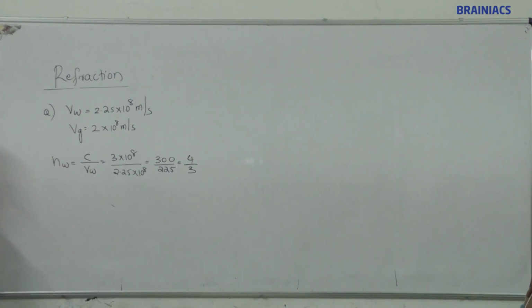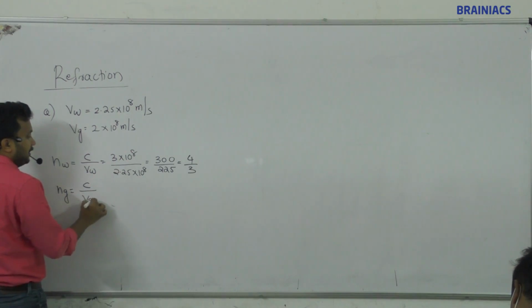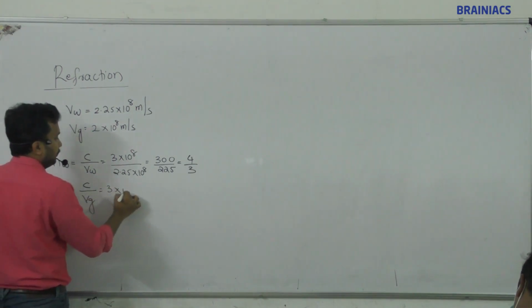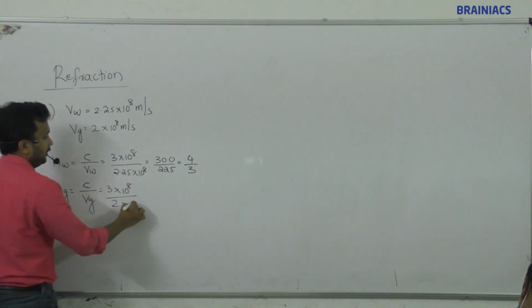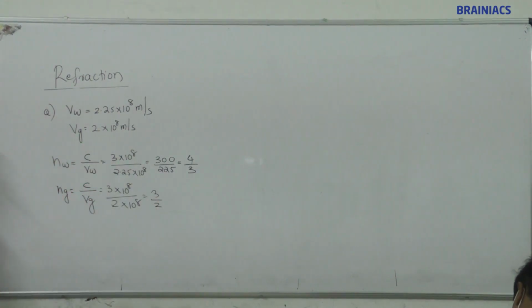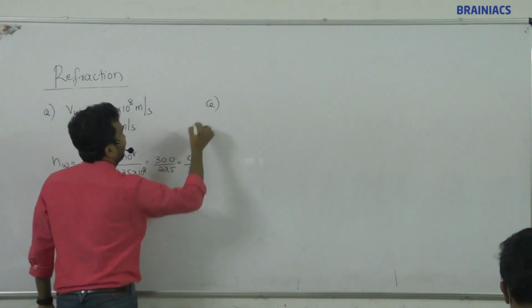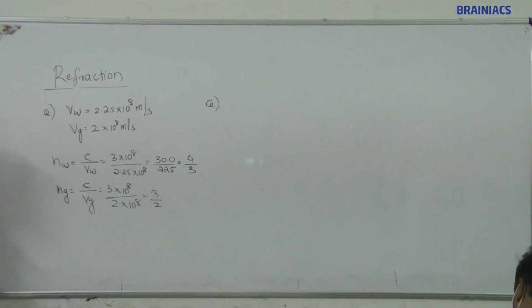Similarly, refractive index of glass is equal to C by velocity in glass, 3 into 10 power 8 whole divided by 2 into 10 power 8. Answer is 3 by 2. A direct question like this they never ask, but to solve bigger problems, you need to know these things. That is the only reason.